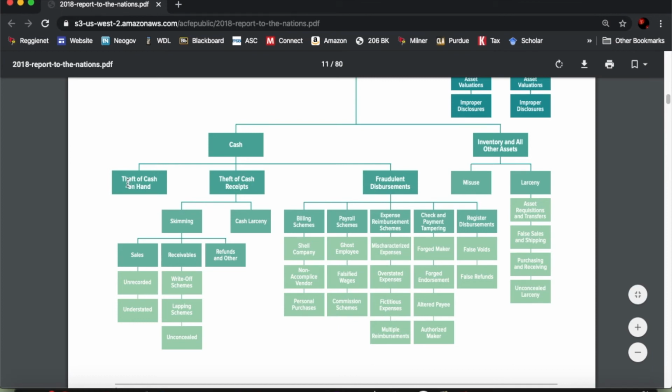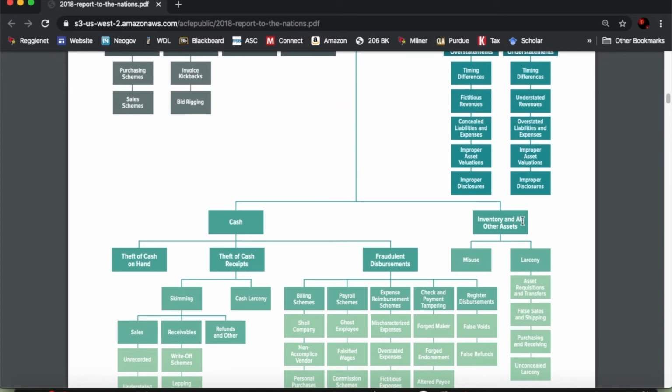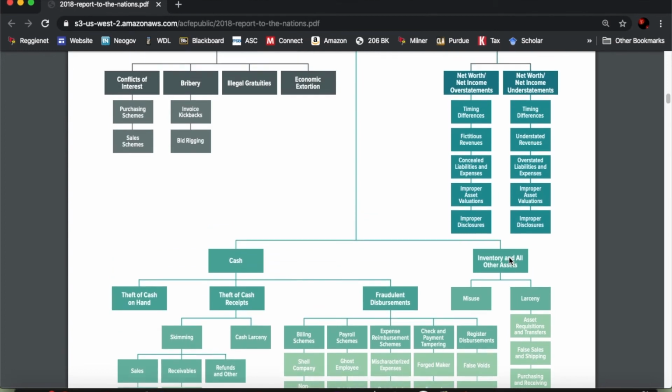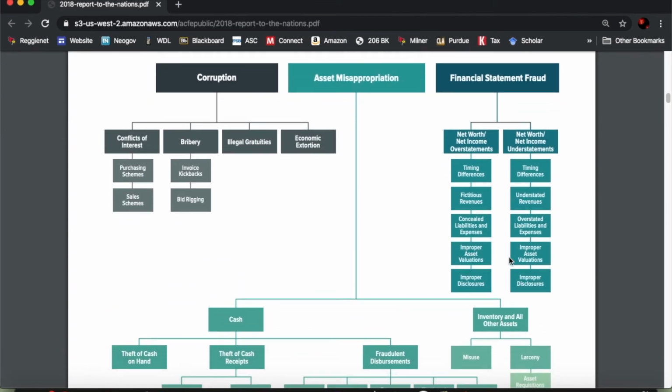Well, there's theft of cash on hand, theft of cash receipts, fraudulent disbursements. And then within those, you've got different ways, right, that fraudsters commit fraud. Inventory and other assets, they talk about misuse, and they talk about larceny. And there's different kinds of ways that they do that. So this tree kind of gives you an overall picture of the different kinds of fraud and the different types and strategies that employees might engage in order to commit them.